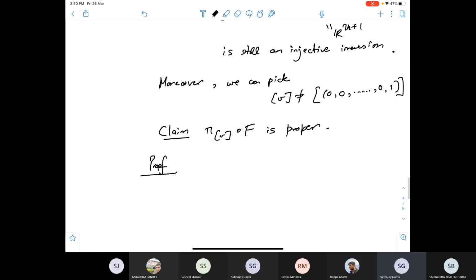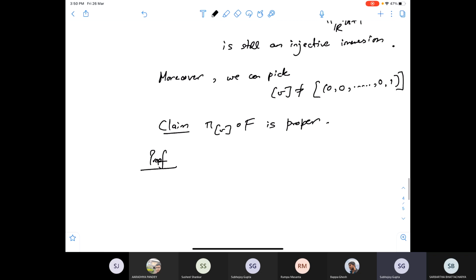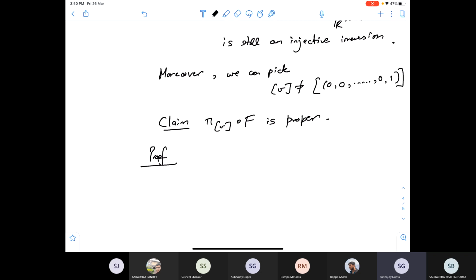What do you mean by showing that it is proper? We need to prove that the pre-image of compact sets is compact.